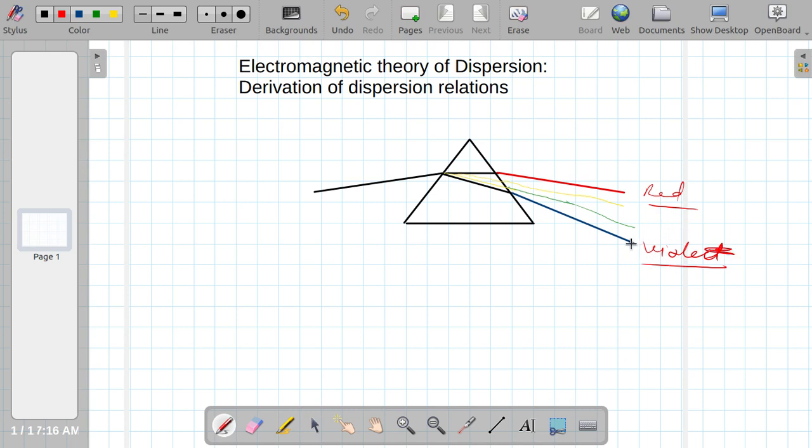So that means when white light is made to be incident on a prism or some transparent medium, it is split into its constituent colors, and this phenomenon is known as dispersion.